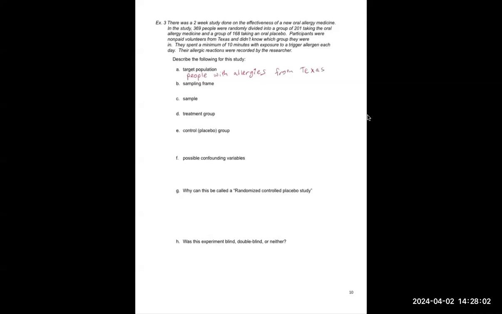So anyways, the sample frame is volunteers from Texas. The sample is 369 people from the volunteers from Texas.